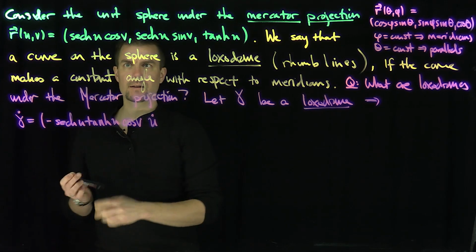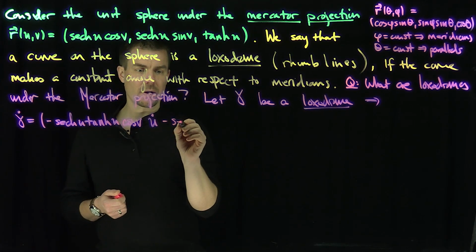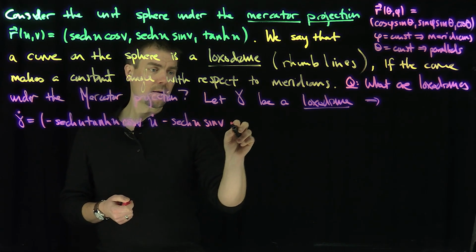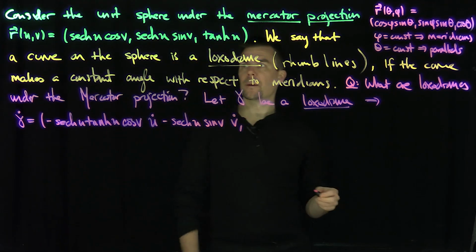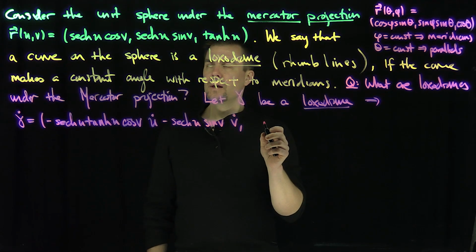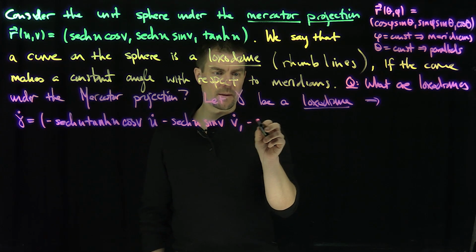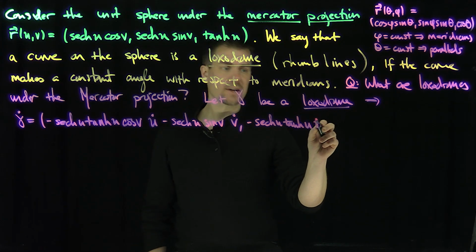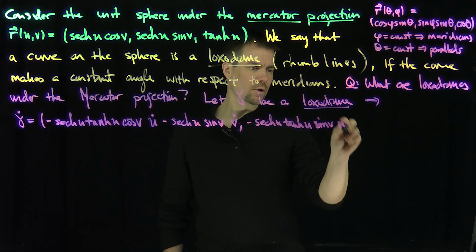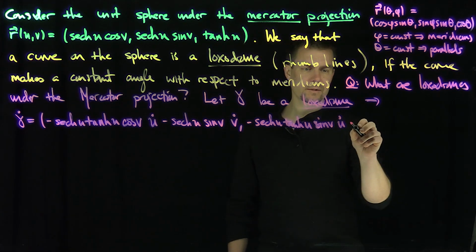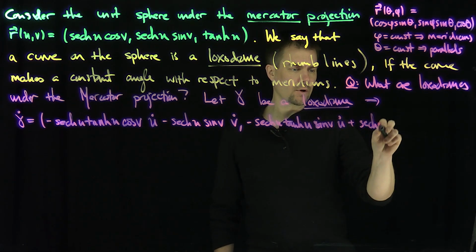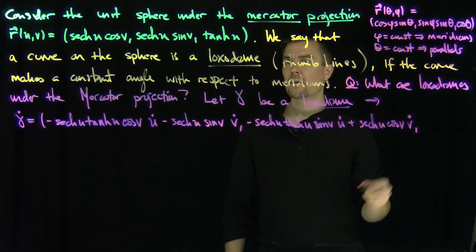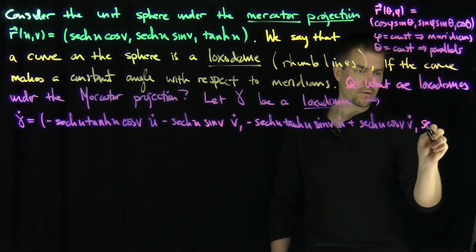Negative sine, negative hyperbolic secant of U, then sine of V, V dot, comma, and then same thing over here. So negative hyperbolic secant of U, hyperbolic tangent of U, times the sine of V U dot, and then plus hyperbolic secant of U, and then cosine of V, and then a V dot. Finally, hyperbolic secant squared of U U dot, like that.